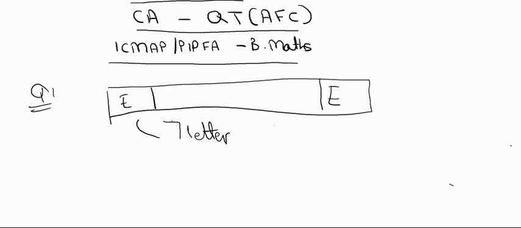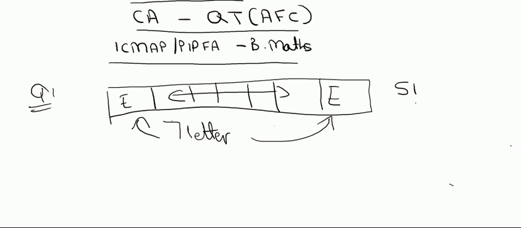Now if the first letter is E and the last letter is E, we are left with 5 letters which can arrange themselves between this in 5 factorial ways, which is equivalent to 120. This was part number 1.